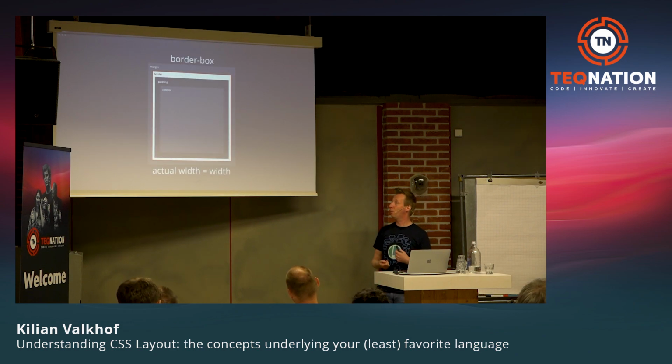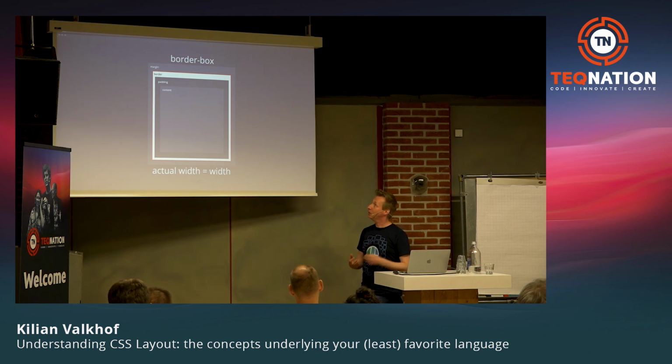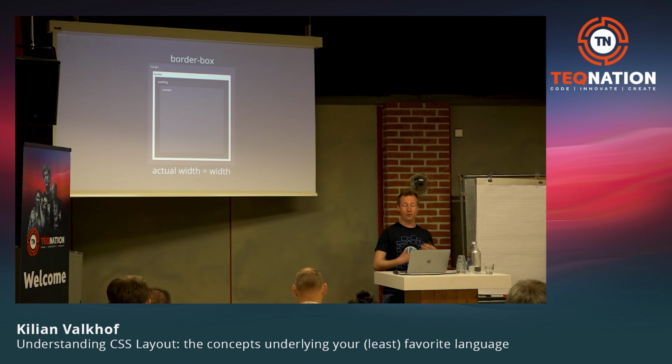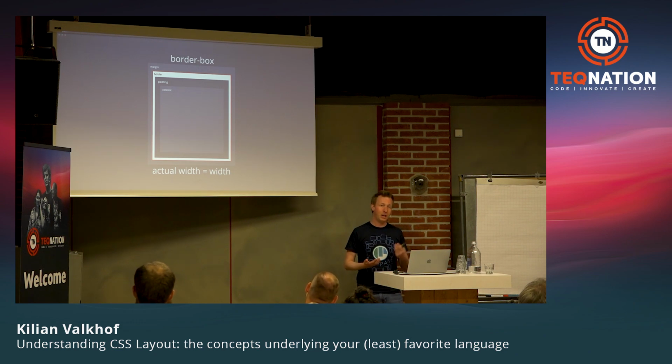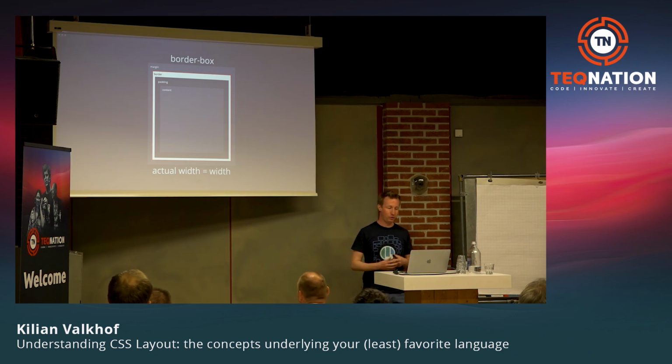Now, the actual width of the element is the width that you set in your CSS. And any padding will be inside of that width. So if you set a width of 200 pixels, then your box is 200 pixels. That's a little bit easier to work with.